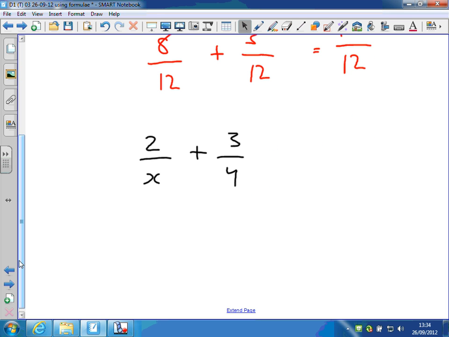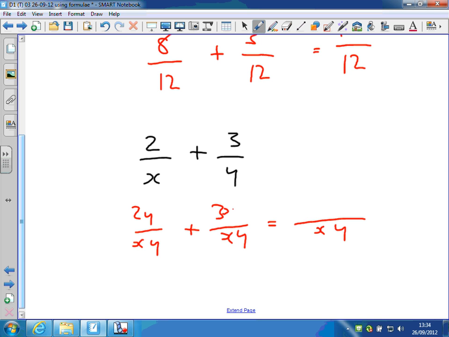So what's the common denominator of these? XY. So I need to convert this to XY and this to XY, and then I'll end up with some term over XY. Exactly the same process. What have I got to times the X by to get XY? Y. So what do I times the top by to get 2Y? What goes here?